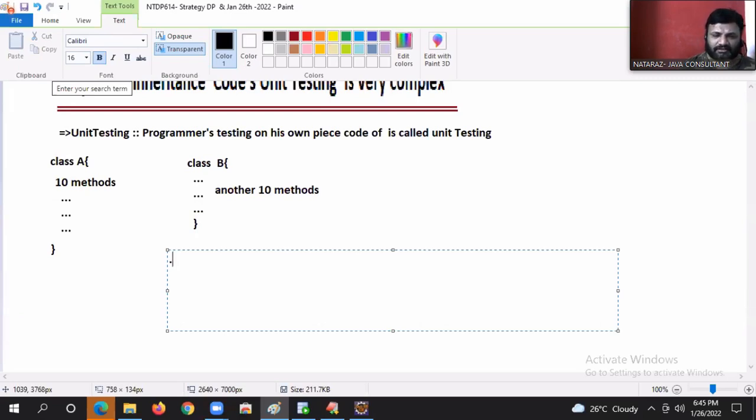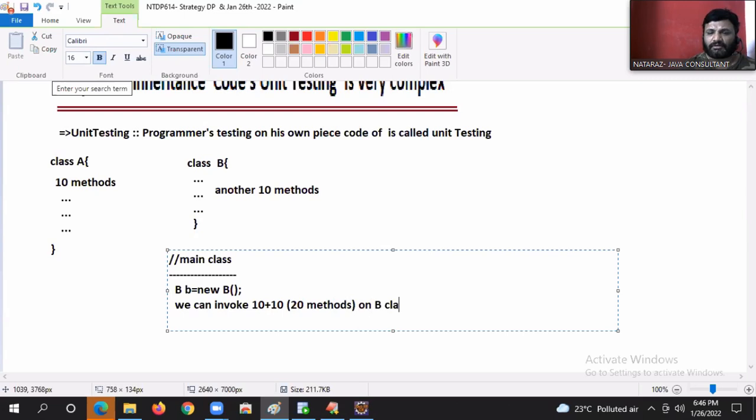Somewhere in the main class, B is equal to new B. We can invoke how many methods on B class, guys? 10 plus 10, 20 methods on B class object, right? Everyone understanding my statement, guys?